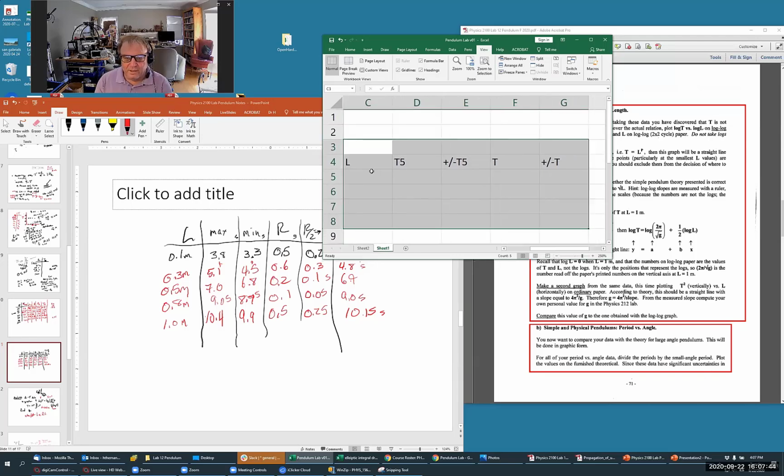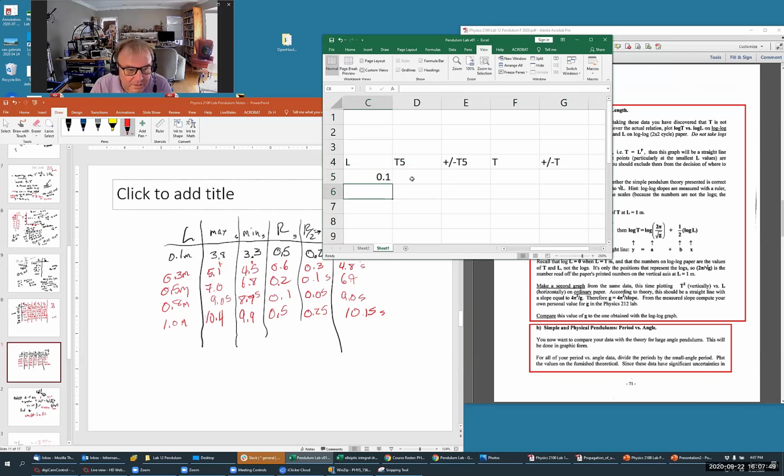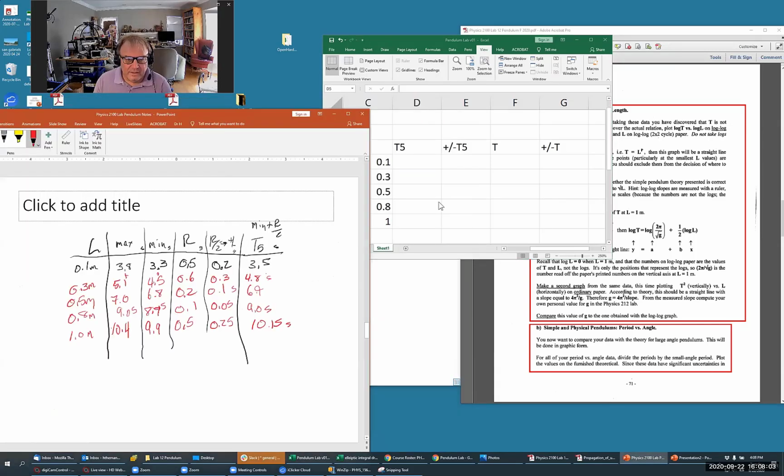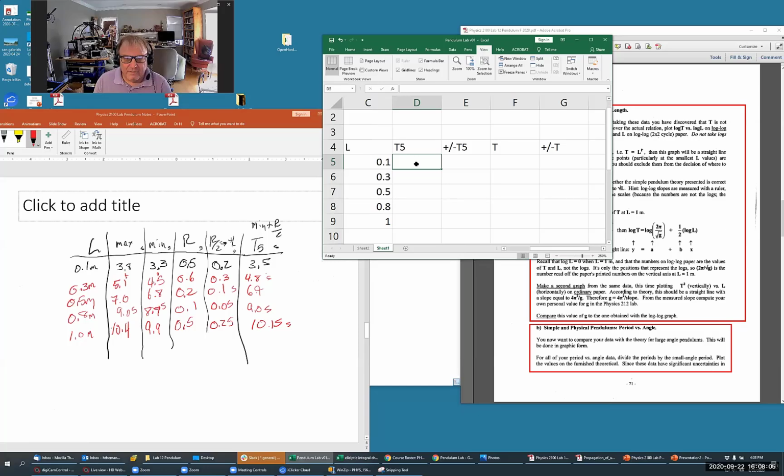Okay, so we have 0.1, 0.3, 0.5, 0.8, and 1.0. And then we have 3.5.